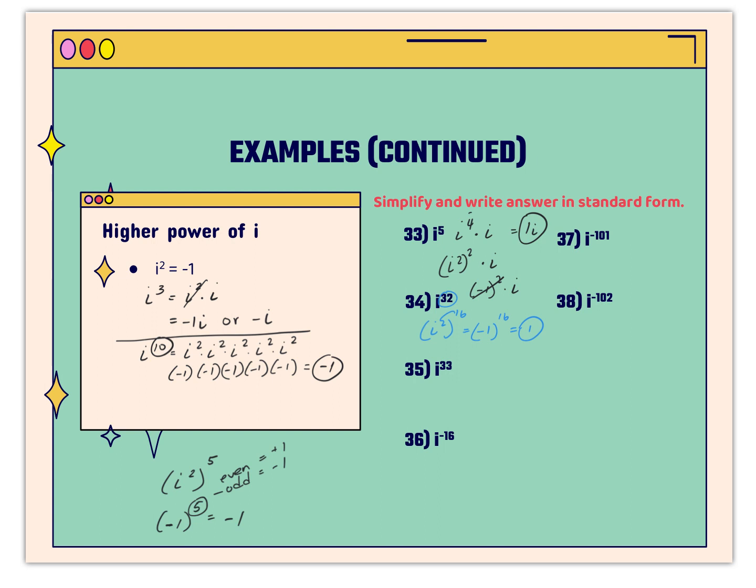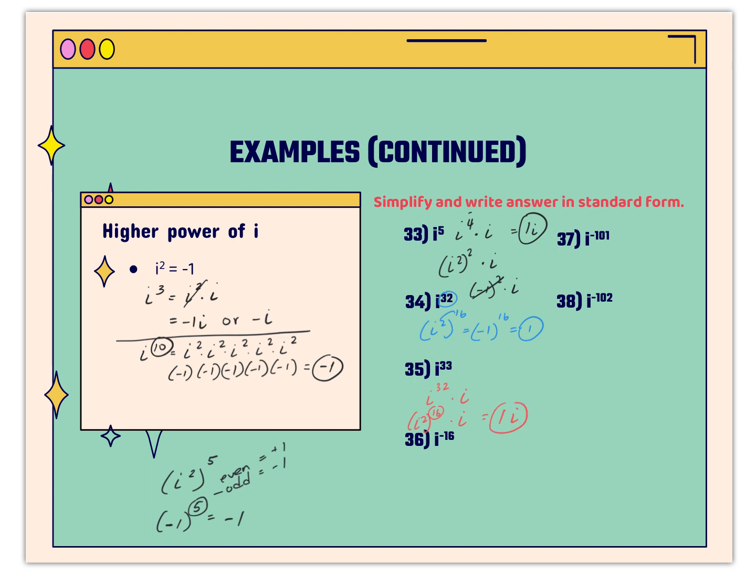Okay? Now, i to the 33rd, that's a little harder, right? Think of it as i to the 32nd times i. And then i to the 32nd, I know, is i squared to the 16th power times i. So again, if i squared is to an even power, this part of it is going to be 1. So I know it's going to be 1i.